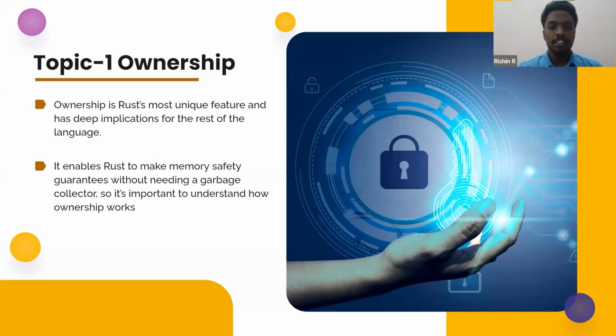Now, when you hear the word ownership, the idea is to own something. You might be owning a house, a car, your clothes, anything, right? In Rust, this is a feature that provides us with memory safety. That means ownership is a unique feature that has deep implications in the Rust language.